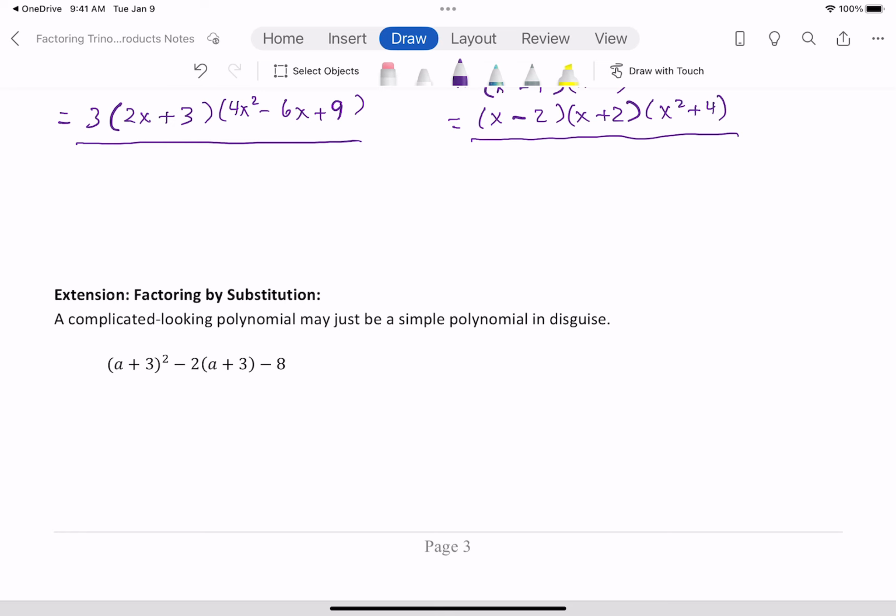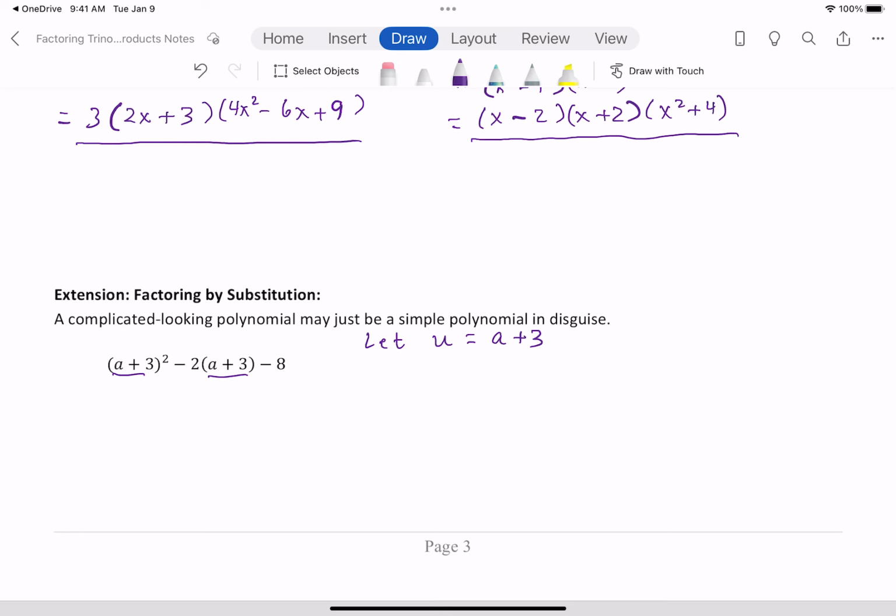So for this, we're actually going to substitute a different variable for that common binomial. And it's just kind of a practice that we normally do in math, that when we substitute, we call this a U substitution. So I'm going to let the variable U equal that common binomial term a plus 3.